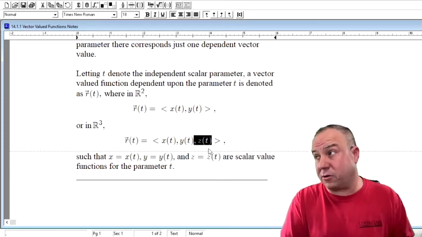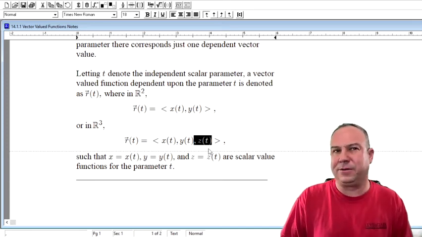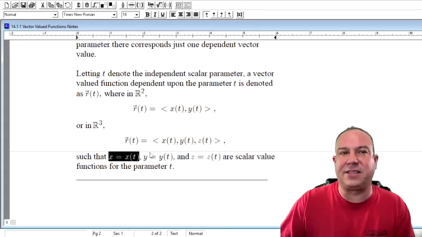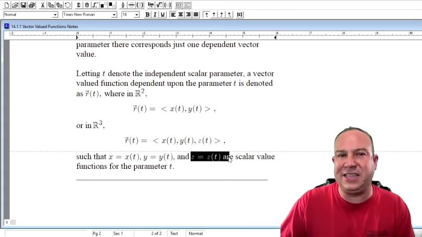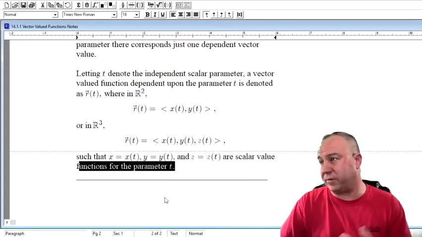Well, in that third direction, which we often say is the direction of the z-axis. All right. Here again, x equal to x of t, y equal to y of t, and z equal to z of t are themselves just scalar valued functions of the parameter t.